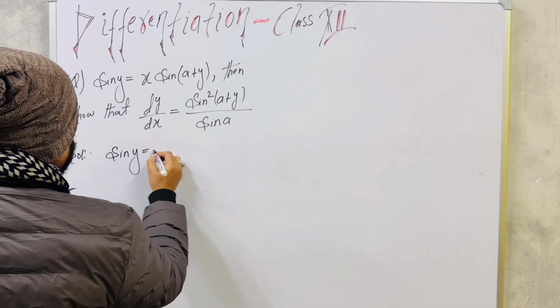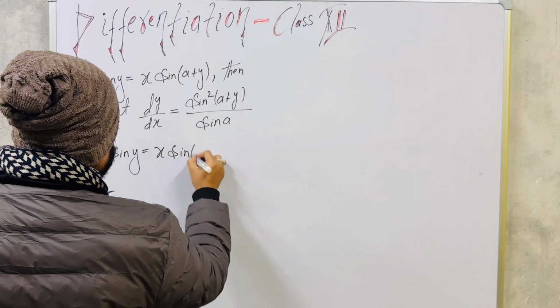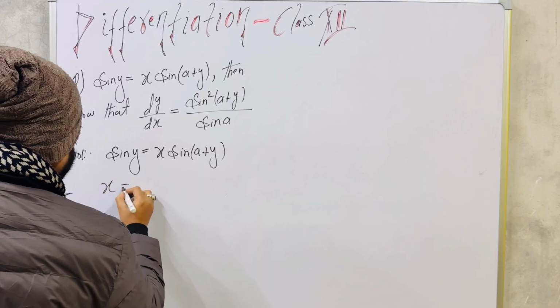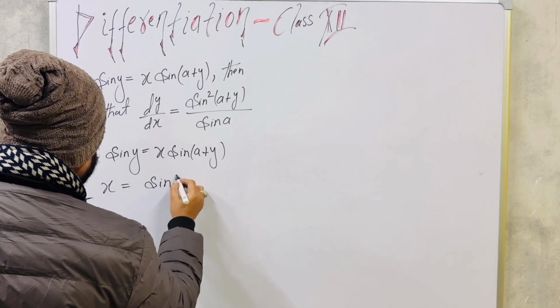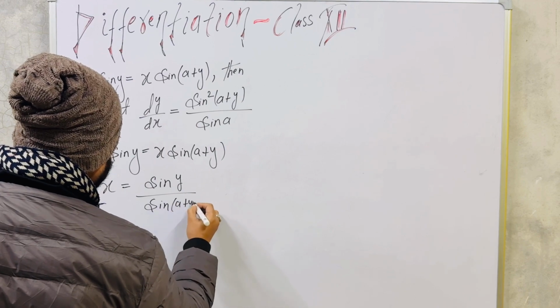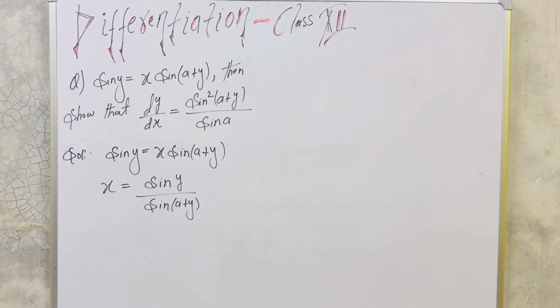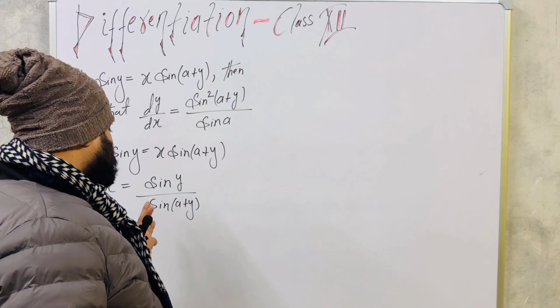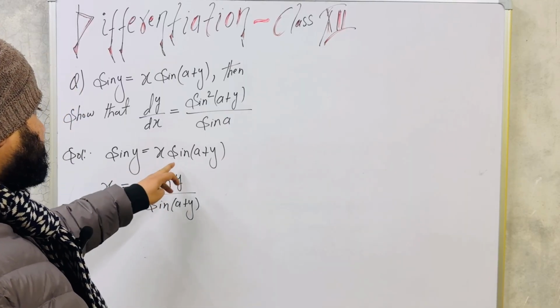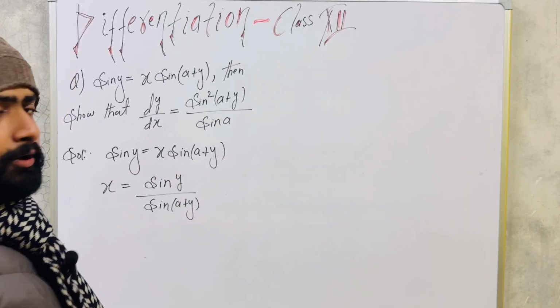Sin y is equal to x times sin of a plus y. Okay, x is equal to sin y upon sin of a plus y. Firstly, we write sin y as the numerator and sin of a plus y in the denominator.